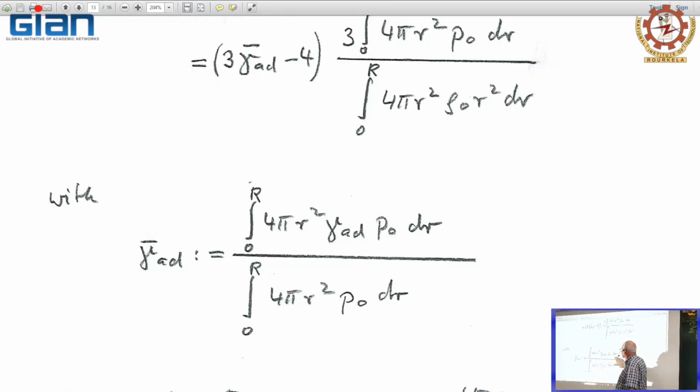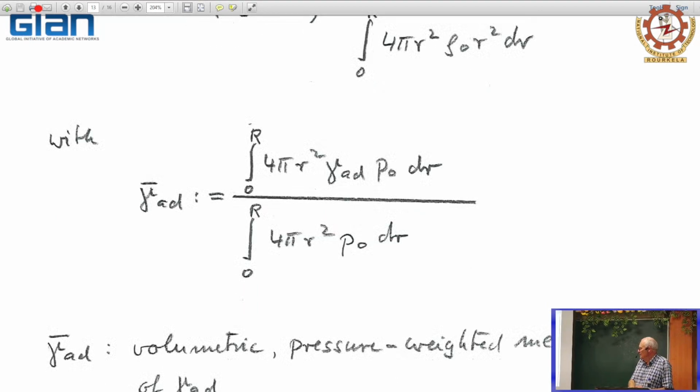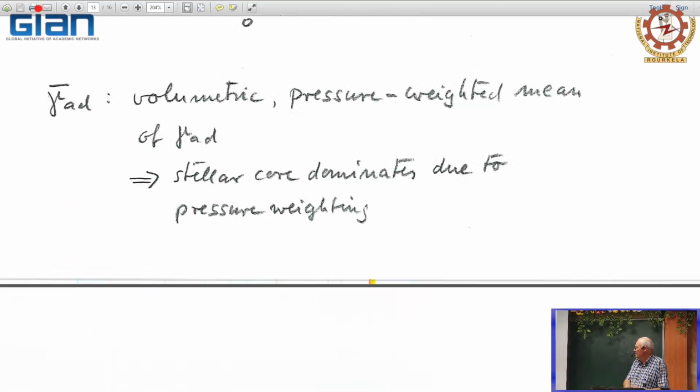So the surface of the star will not contribute to the mean value too much. It is the center of the star which dominates, and this has to be kept in mind. So if gamma is small in the outer part, this does not mean that the mean value is small as well, because the contribution from the outer envelope and the surface of the star is small in general. The center dominates due to the pressure weighting.